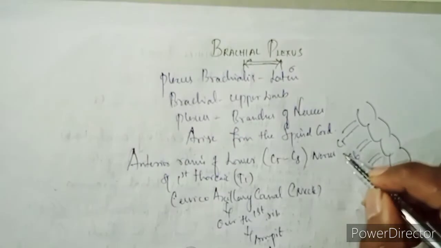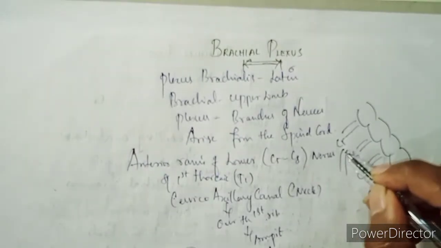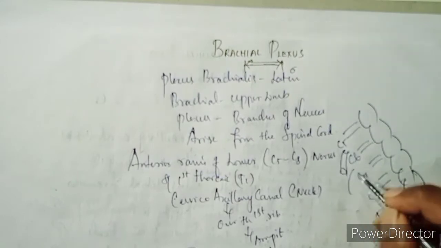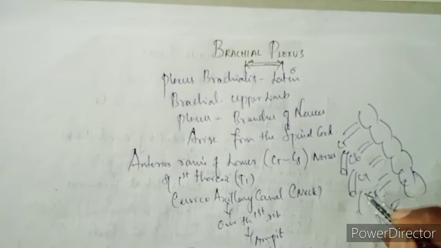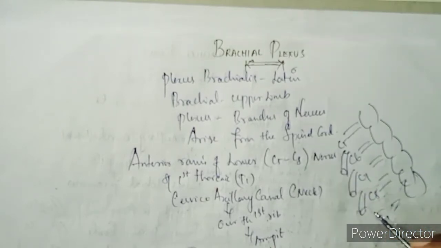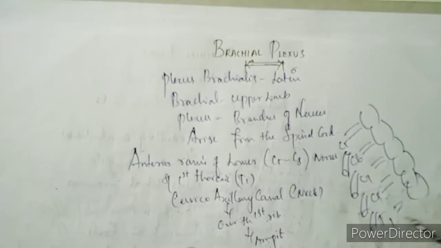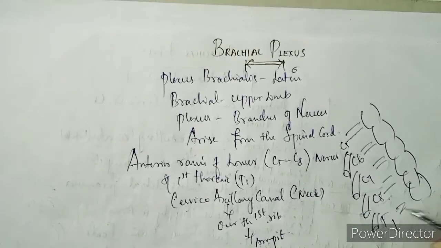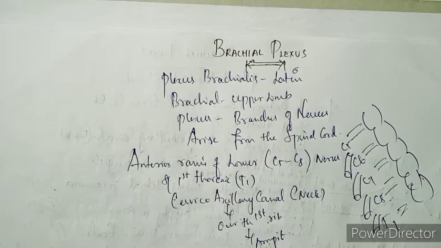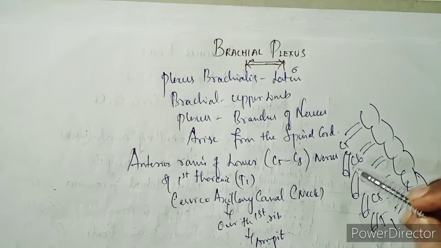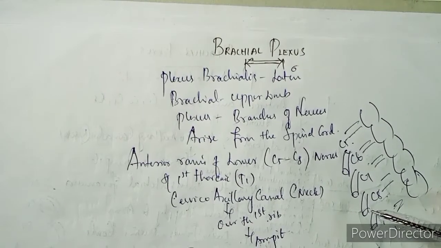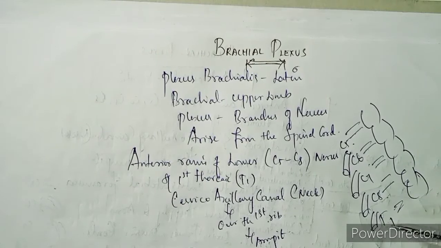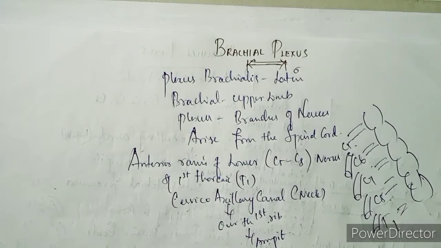The C5 nerve arises above the C6 vertebra, the C6 arises above the C7 vertebra, the C7 root arises above the C8 vertebra, and the C8 nerve arises above the T1 vertebra and below the C7 vertebra. That is why the C5 to C8 roots go above the associated vertebrae.